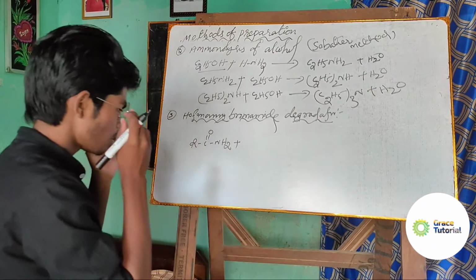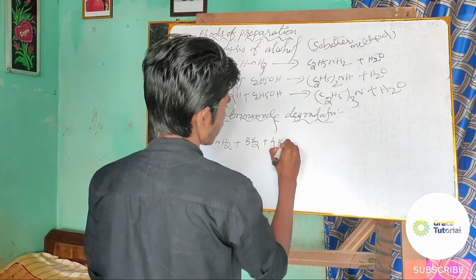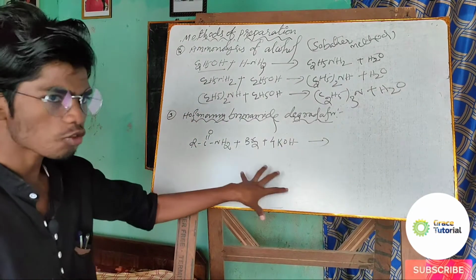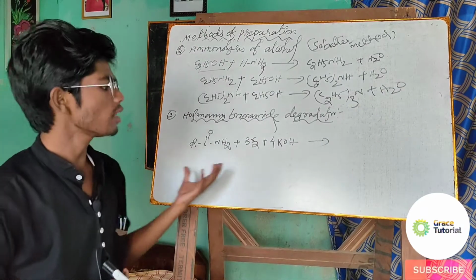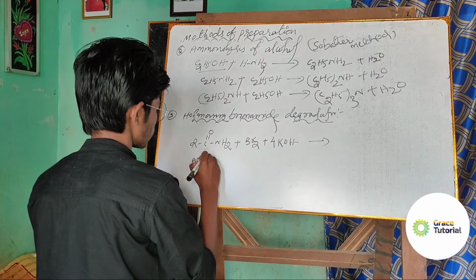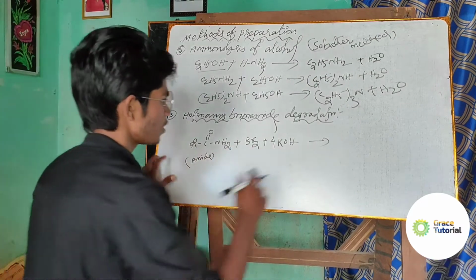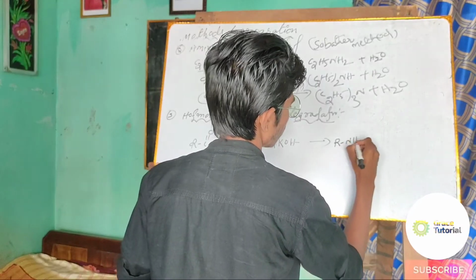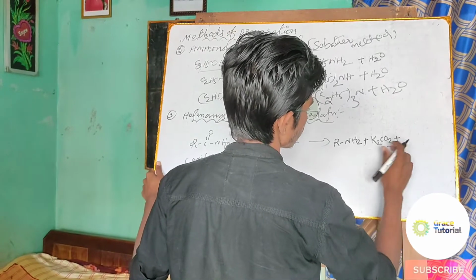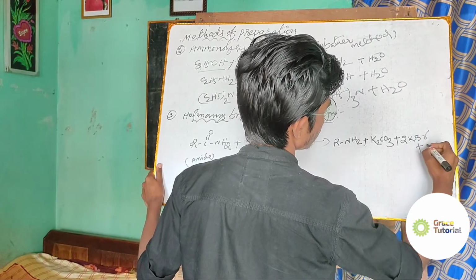When this amide reacts with bromine and KOH, alkali, the potassium hydroxide, this reaction is very important, that you need to remember, because it often comes in the examination. So when this amide reacts with bromine and alkali, then amine is obtained along with potassium carbonate, potassium bromide and water.